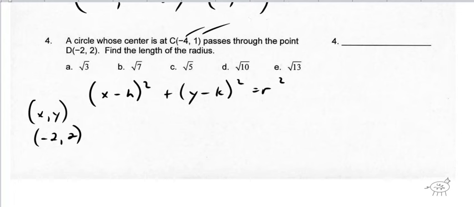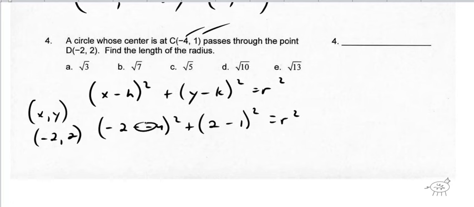It's really pretty easy. So it's going to be x, which is -2, minus h, which is the center, so minus -4, plus y, which is 2, minus k, which is 1.